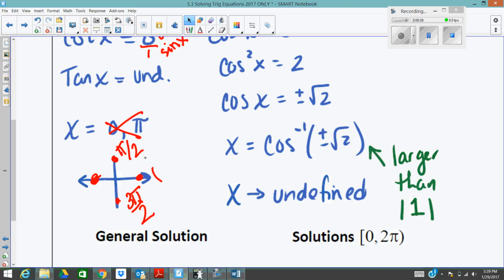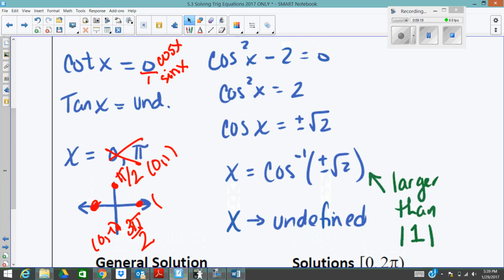So it's actually at pi over 2 and at 3 pi over 2. Because that's where sine is 1, cosine is 0, or sine is negative 1, cosine is 0. But either way, that's where we get cotangent to be 0 and tangent to be undefined. So our specific solutions, from the cotangent of x being 0, we get pi over 2 and 3 pi over 2.